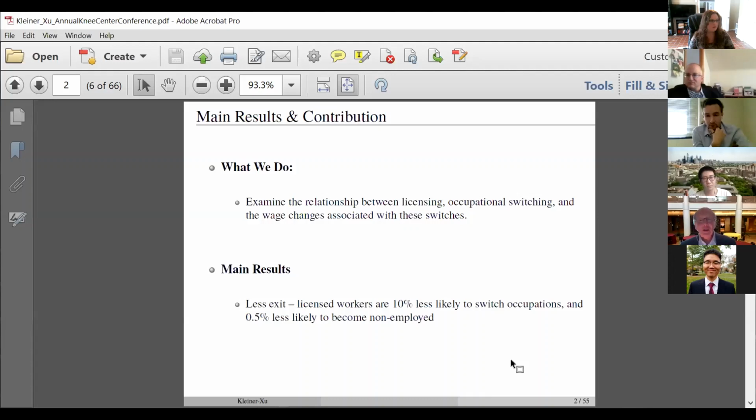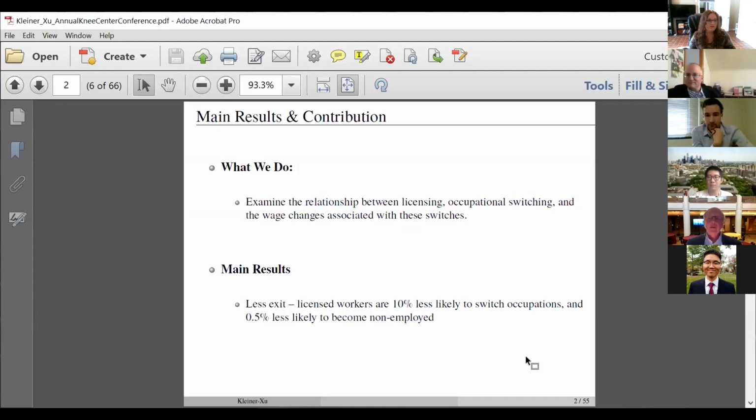So the main results, in case you need to leave the session early, and I always like to give you the punchline up front: licensed workers are about 10% less likely to switch occupations among people who are employed, and about 0.5% less likely to become non-employed.